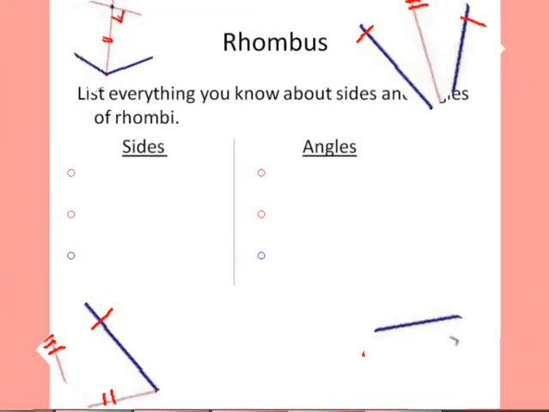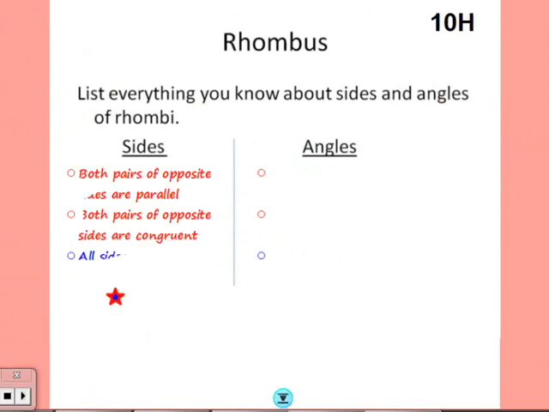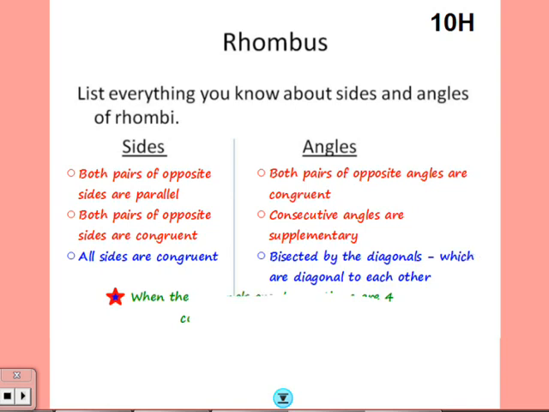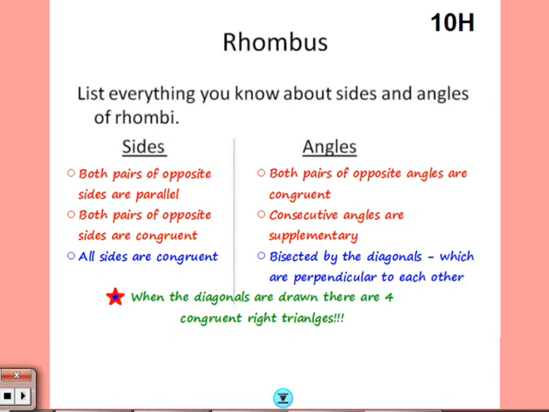So back to this, the things that we know about a rhombus again, all the stuff we already knew, and then the new stuff. We know that the sides are congruent. The diagonals, the congruent diagonals, they intersect each other at a perpendicular line, and they bisect the angles. Okay, they bisect the angles. So the important thing to make sure that you realize here is that when the diagonals are drawn, there are 4 congruent right triangles in a rhombus.